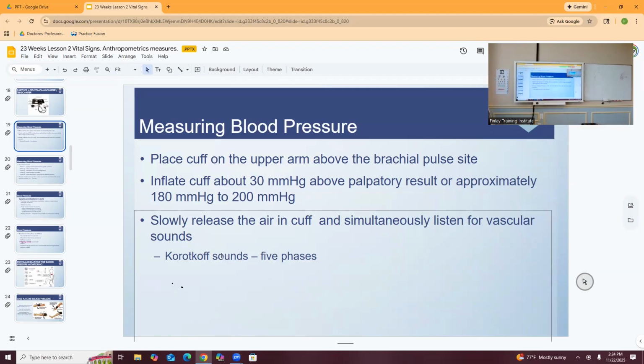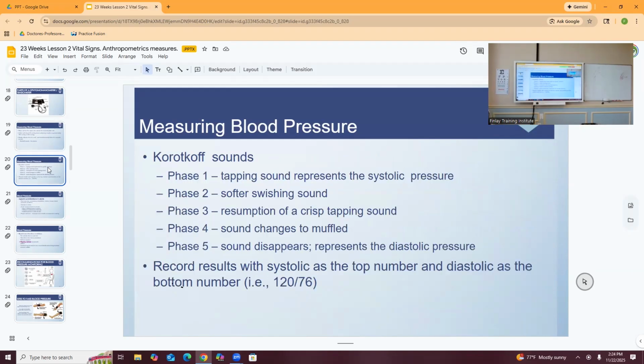These cutoff sounds have 5 phases. Number 1 is the first tapping sound that is going to represent the systolic, okay? The first noise is really like an explosion. It's the first hard noise that we hear, okay?